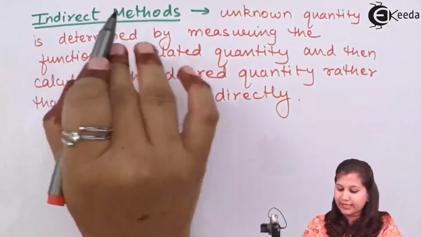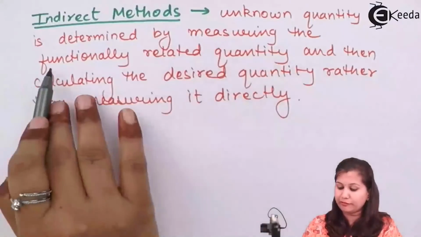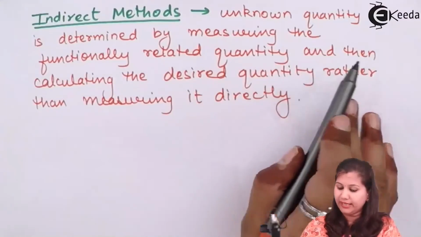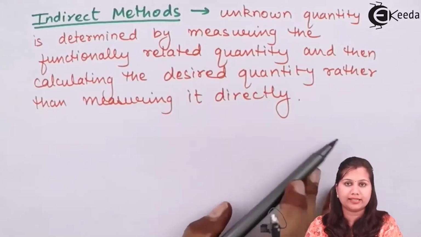So in the indirect methods, the unknown quantity is determined by measuring the functionally related quantity and then calculating the desired quantity rather than measuring it directly.